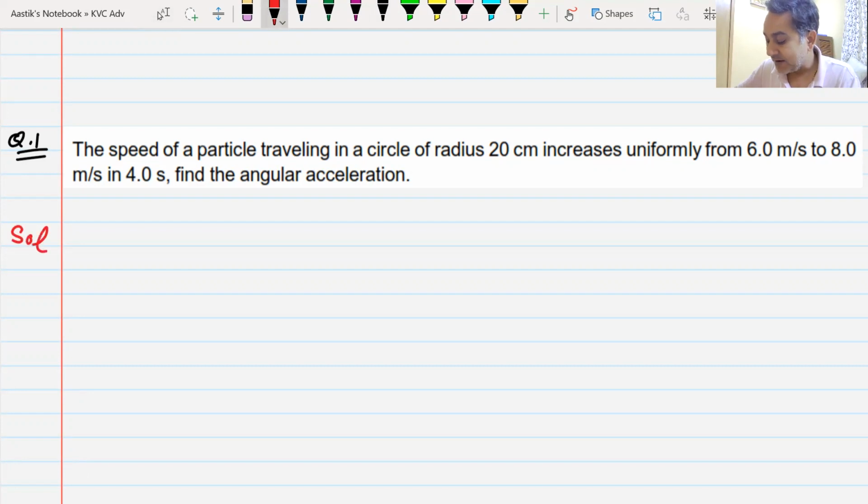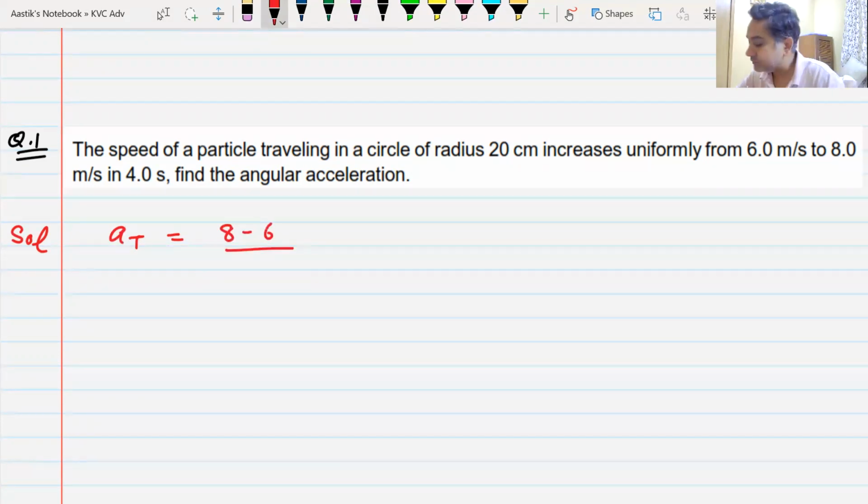See, the magnitude of velocity is changing. The magnitude of speed, the magnitude of tangential velocity is changing. That means it has tangential acceleration. Yes or no? So how much is the tangential acceleration? Final magnitude minus initial. So 8 minus 6 divided by 4. It changes in 4 seconds, right?